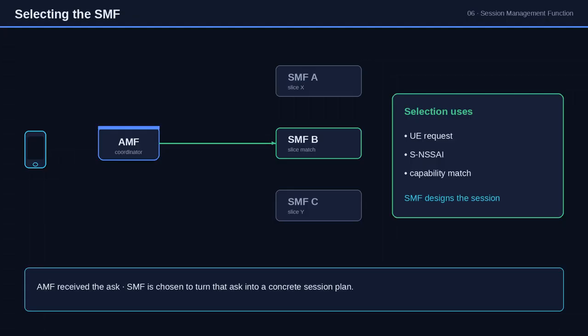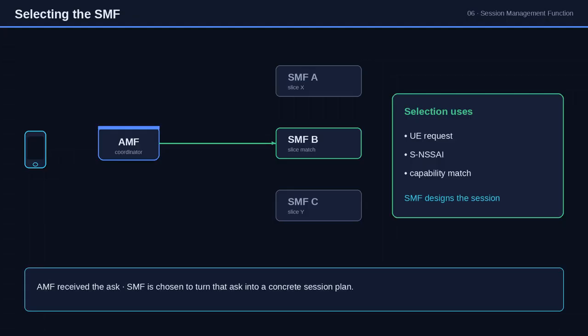In a real deployment, there may be many SMF instances, each scoped to certain slices, data networks, or regions. Picking the wrong one would mean a session that cannot be properly authorized, charged, or anchored. Once selected, the SMF becomes the designer of the session. It will own the control logic for establishing, modifying, and eventually releasing that PDU session.